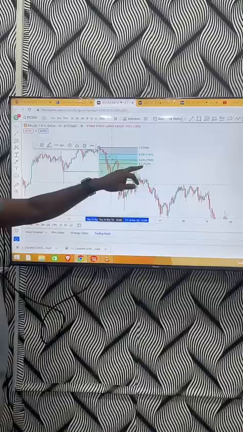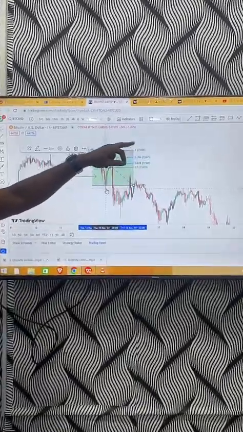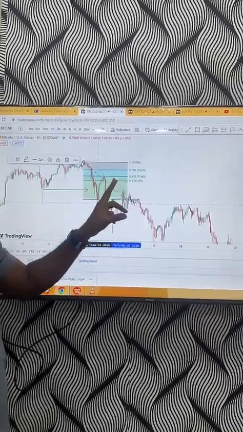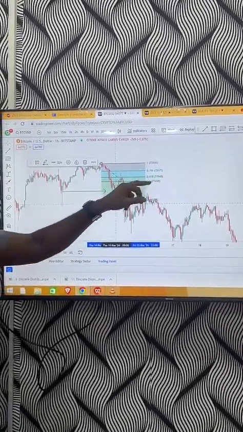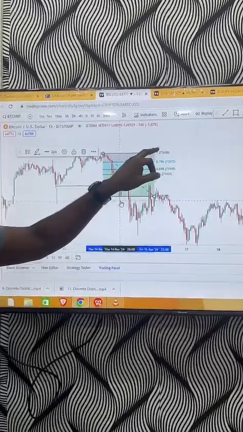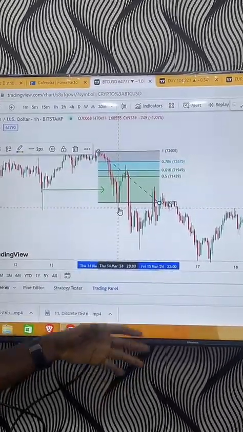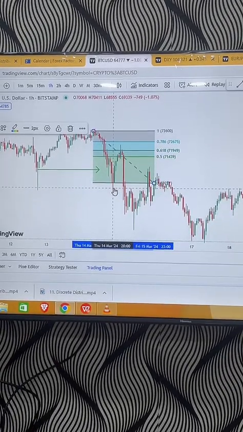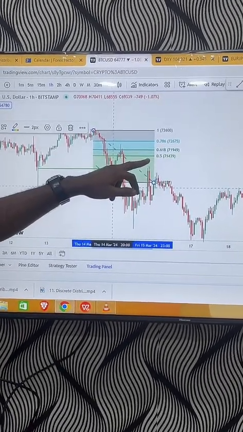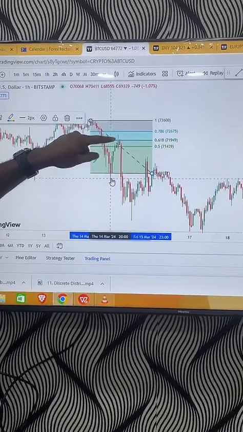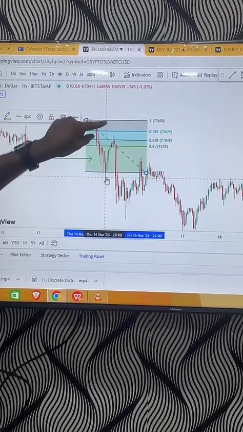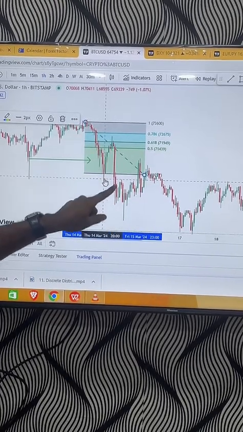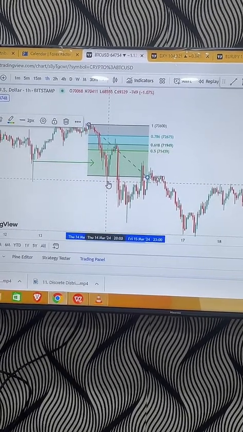So we have the 50% level and above. In a downtrending market, if we draw the Fibonacci tool like this, the 50% level and above is called the premium zone. That is where we are going to spot our potential selling opportunity. As you can see on this chart, when price got to that level between 50% and 1, you can see that the price rejected from there and sold lower.